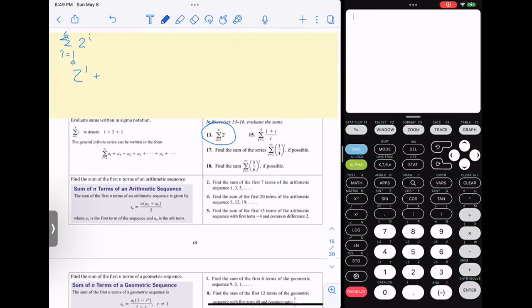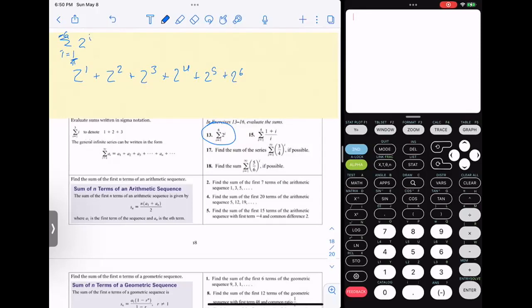That's what tells us we start at 1. And we're plugging in i every time. 2 to the 1 plus 2 to the 2, plus 2 to the 3, plus 2 to the 4, plus 2 to the 5, plus 2 to the 6. So really, we just go from this number and add up all the way until we get to that number.